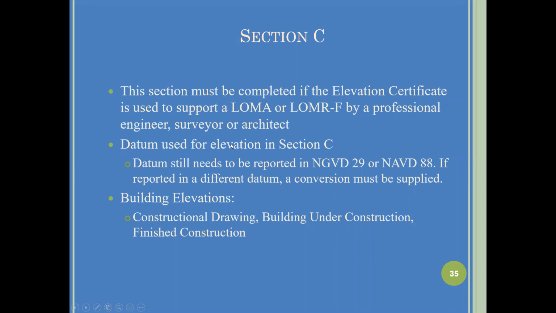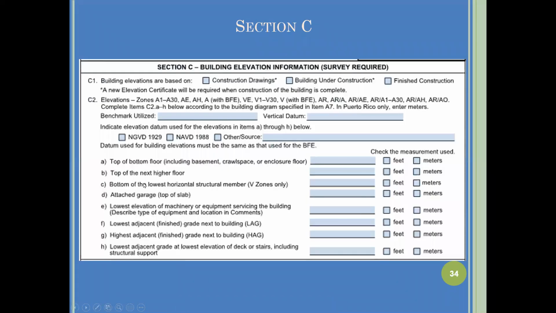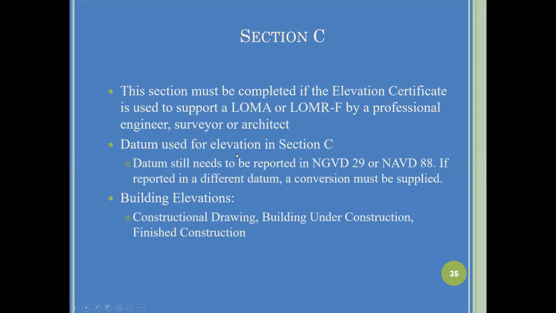If it's different, a conversion must be supplied. And like I mentioned previously, if construction drawings are available, you'll include that as well, to specify all the information that's required here, like the top of the slab of the garage, lowest adjacent grade, highest adjacent grade, and other information.